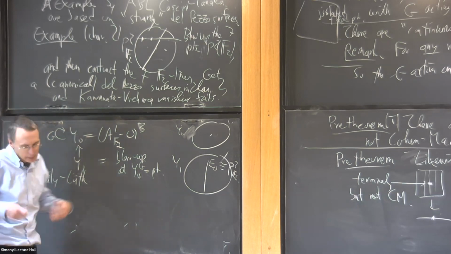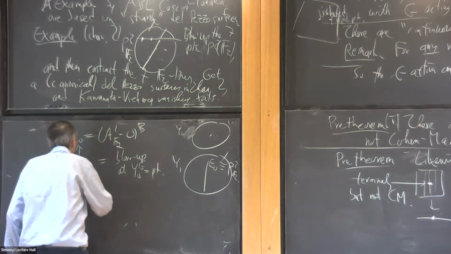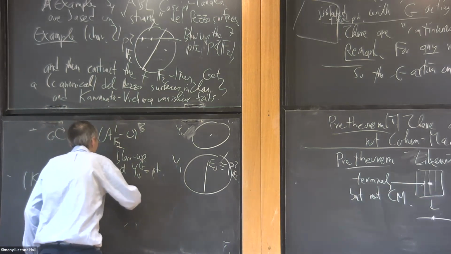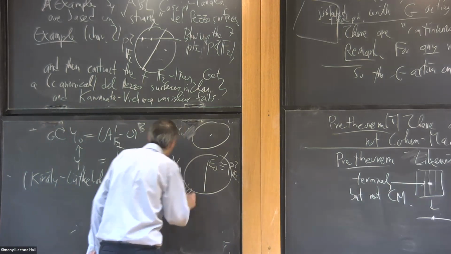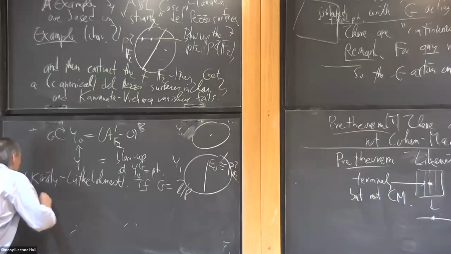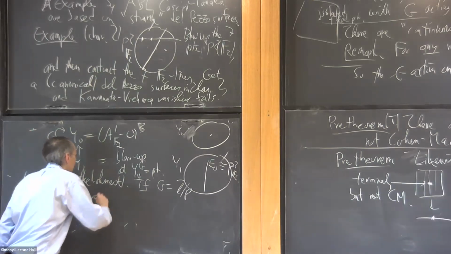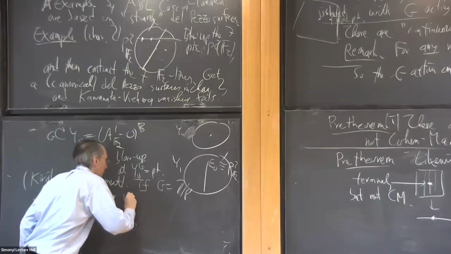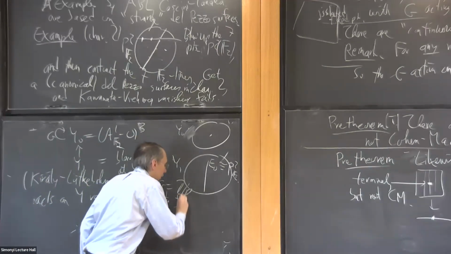You prefer to do that without actually finding the equations for the quotient variety, and there is a very convenient result about that. If you have Z mod p acting on a regular scheme in characteristic p, and if the fixed point scheme is a Cartier divisor, then the quotient variety is regular.